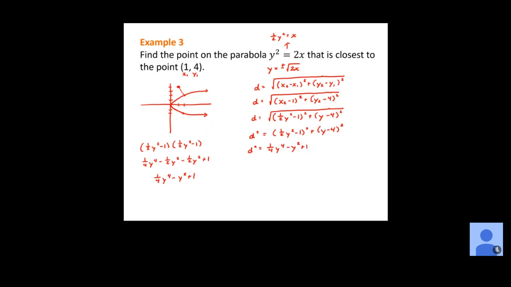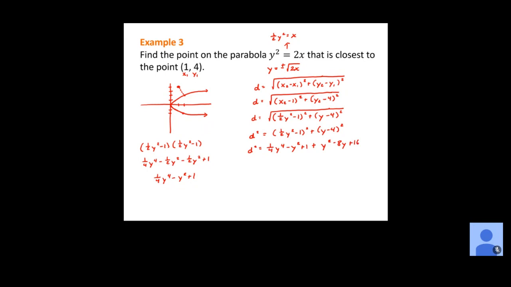All right, what about the y minus 4 squared then? We square that, what are we going to get? Good. So y squared minus 8y plus 16.